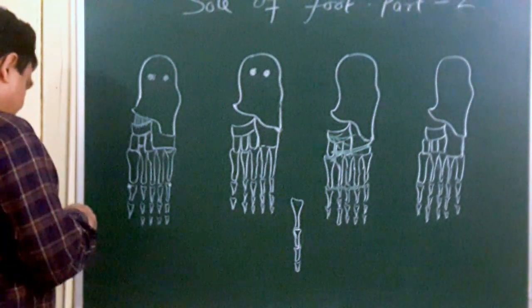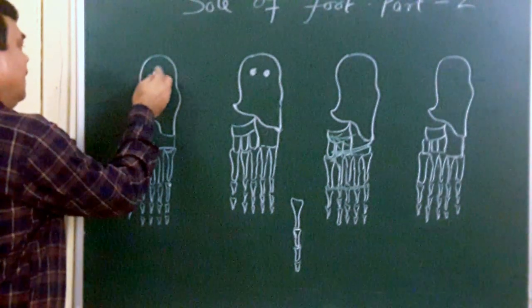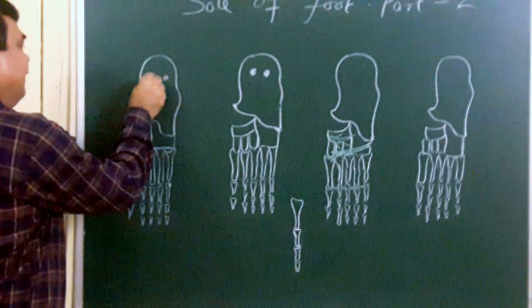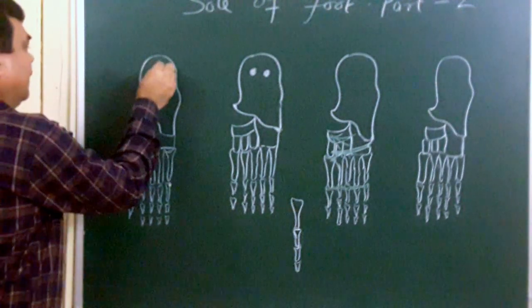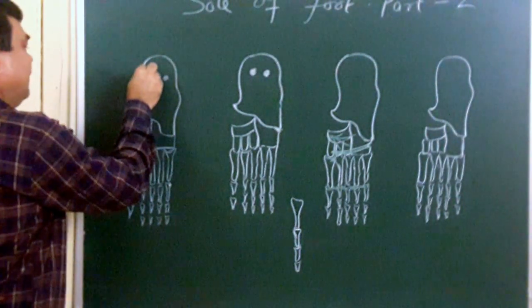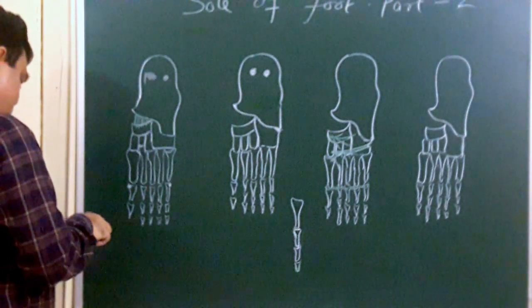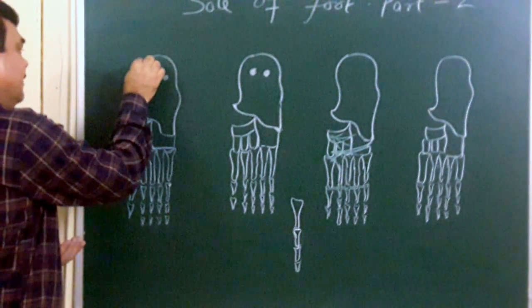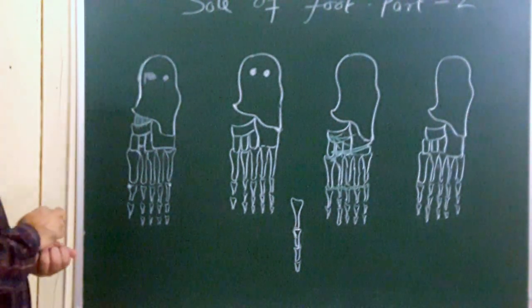Here is the medial tubercle of the calcaneum. Here is the position of the medial intermuscular septum, and here is the position of the flexor retinaculum.